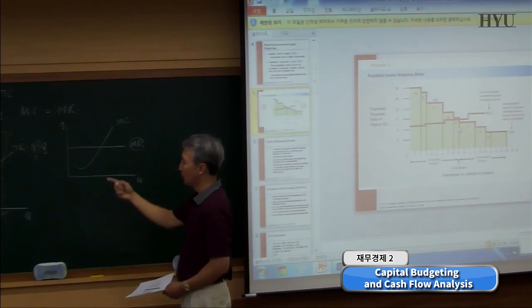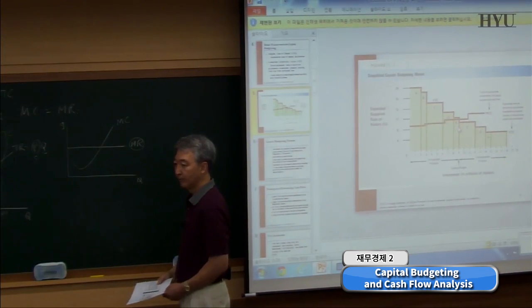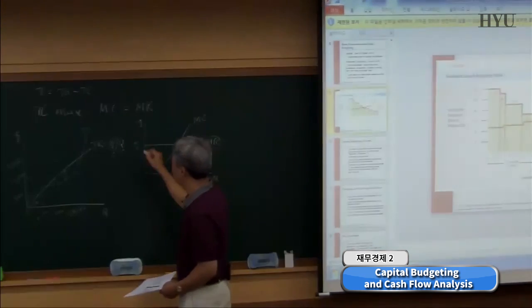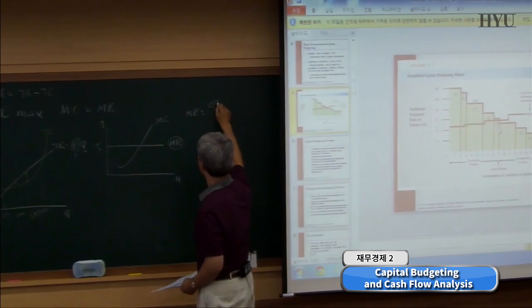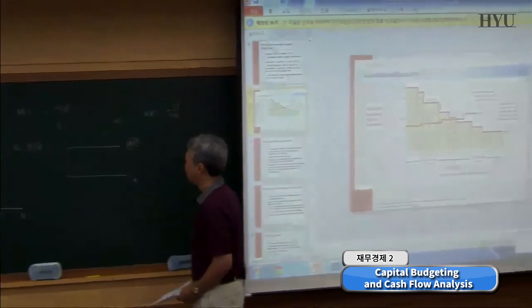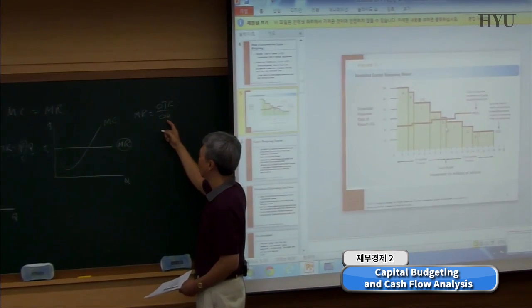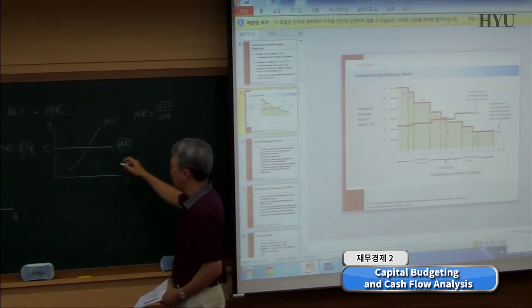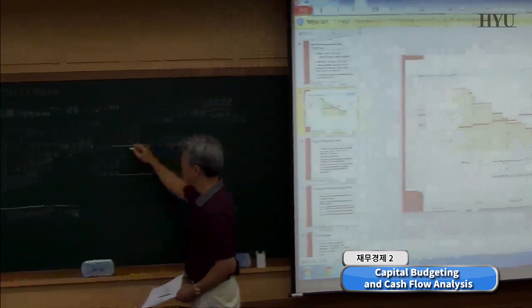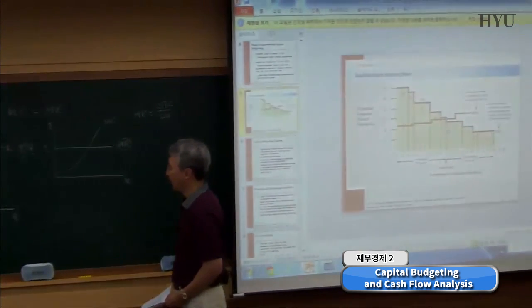What is the marginal revenue in our example? 5. Okay. Because marginal revenue is change in total revenue over change in Q, right? So every time you sell one more unit, your total revenue increases by $5, right? So marginal revenue is constant at 5, right?